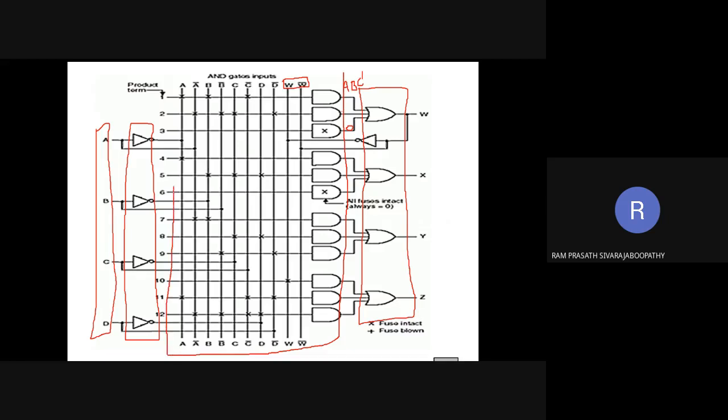So this portion we call the programmable AND array. So totally we are having 12 AND terms. In function 1 and function 2, product terms 3 and 6 are dummy. For those two, all fuses are intact, and we say always 0. So the output will always be 0. Is it clear for everyone?